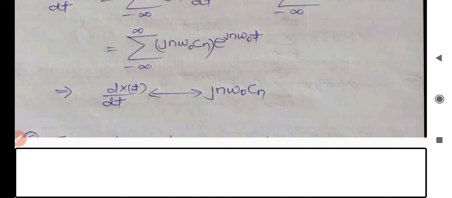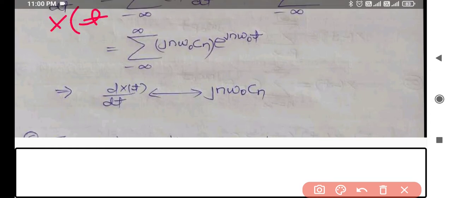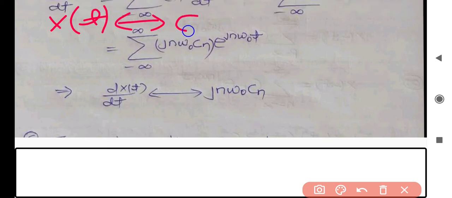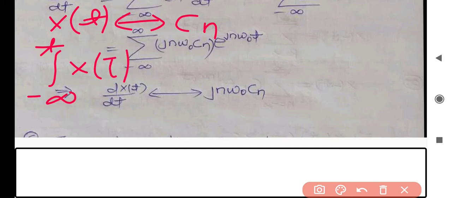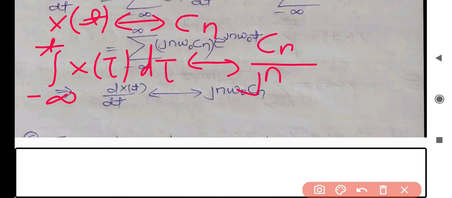This property states that if the signal x(t) produces coefficient Cn, then the integration from minus infinity to t of x(tau) d tau will produce Cn upon jn omega naught, where C naught is equal to 0.